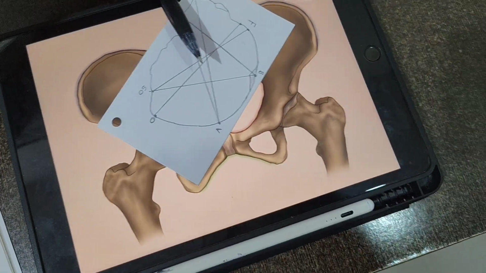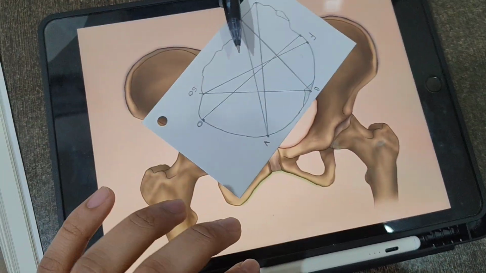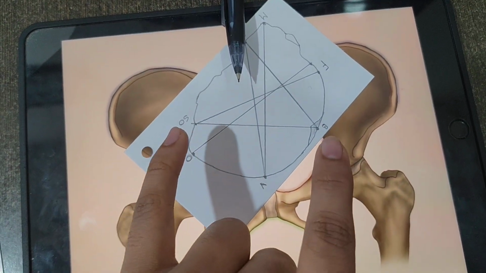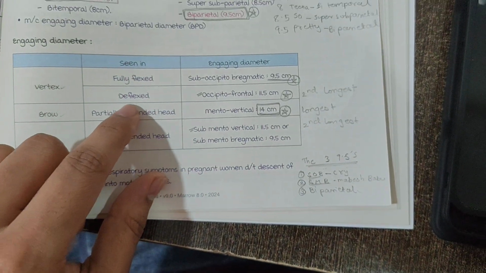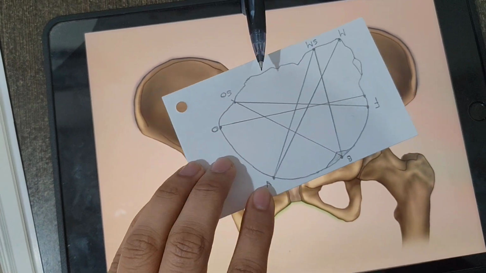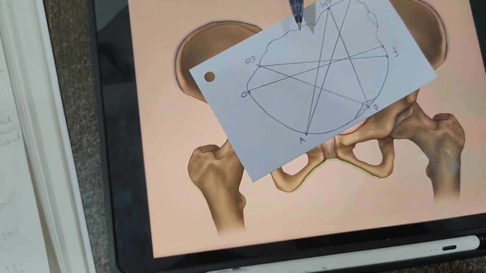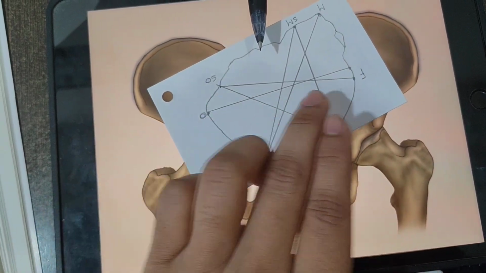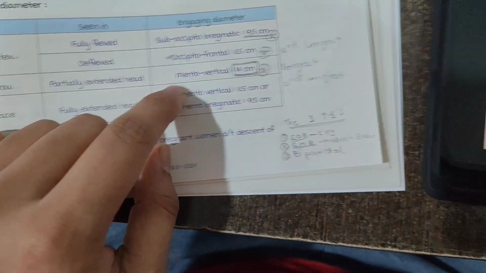In a fully flexed position in vertex, our diameter was suboccipitobregmatic, right? And then it becomes slightly deflexed. When it's slightly deflexed, what is the diameter? If you can say it. Suboccipitofrontal. Here they don't mention the suboccipitofrontal.